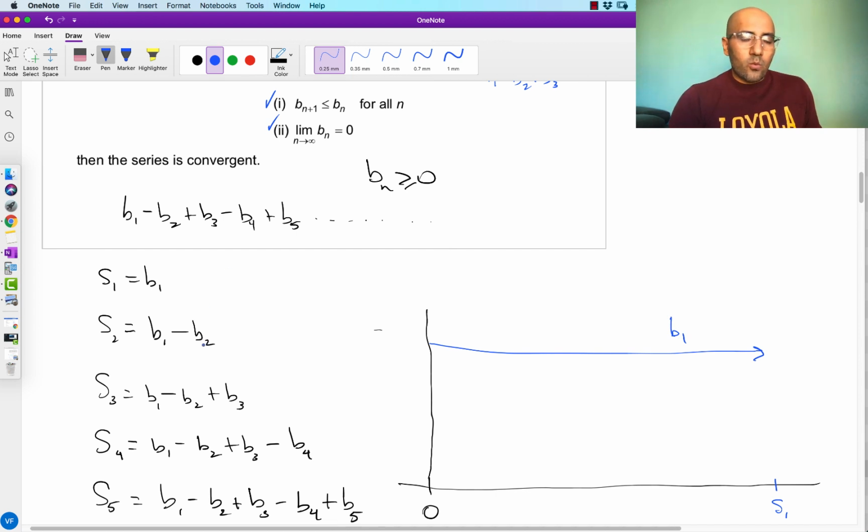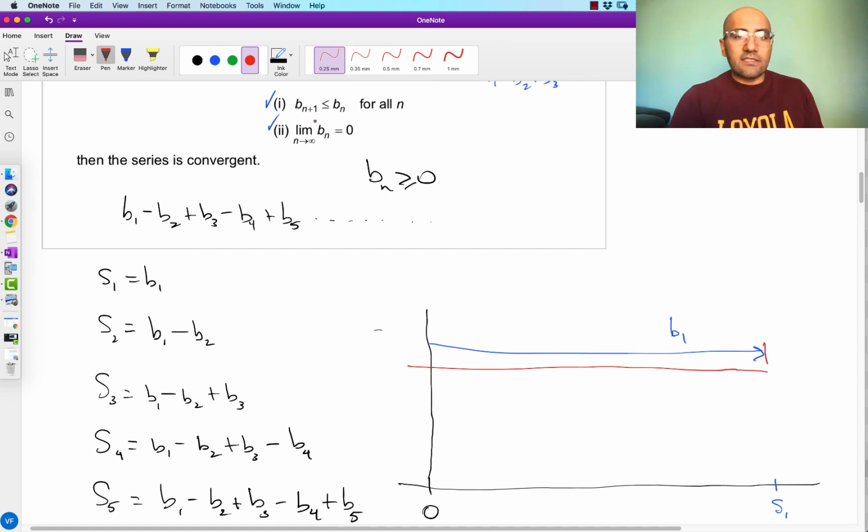And then for the next one, b sub 2 is positive, so s sub 2 is going to go in the opposite direction. So I'm going to start from here and then go in the other direction. Now, it cannot go past it in this way because these two conditions have been satisfied, and so the next one has to be smaller than b sub 1.